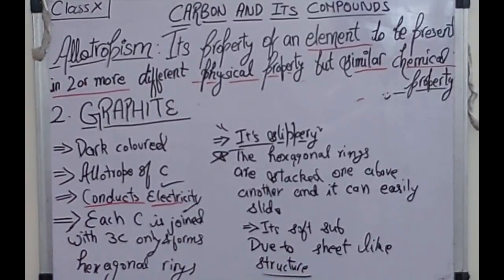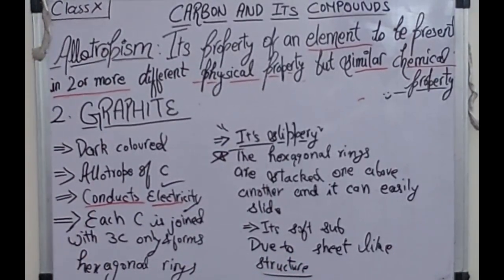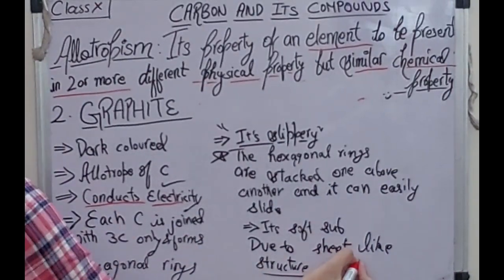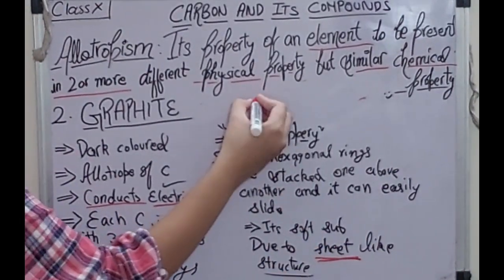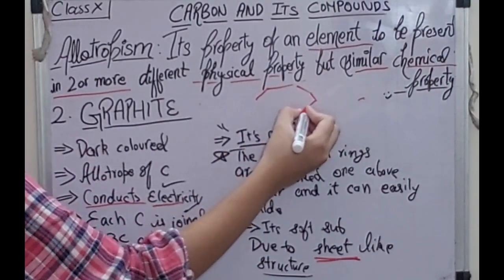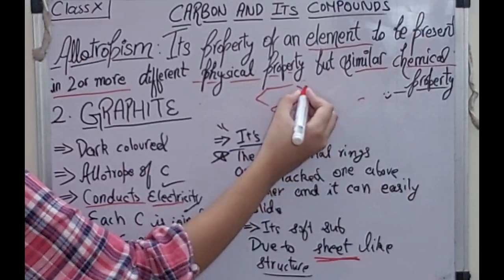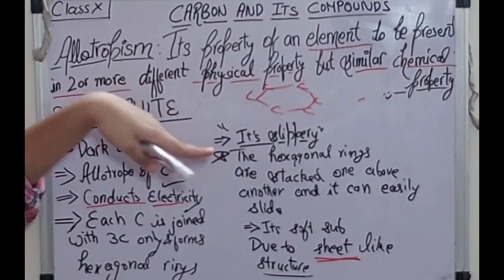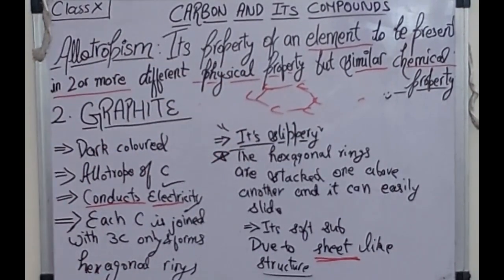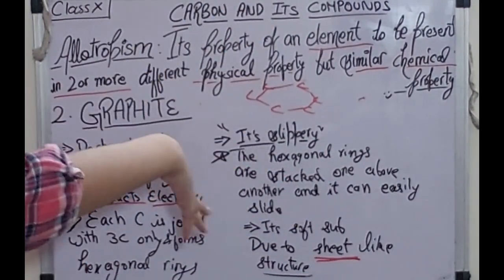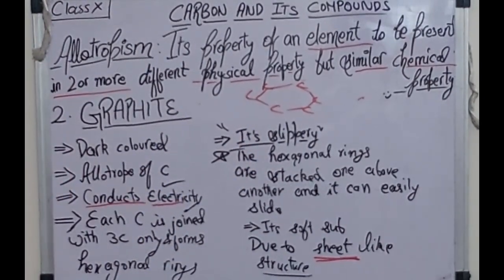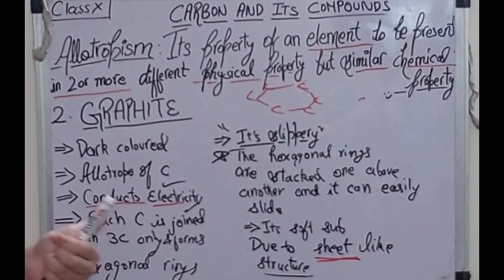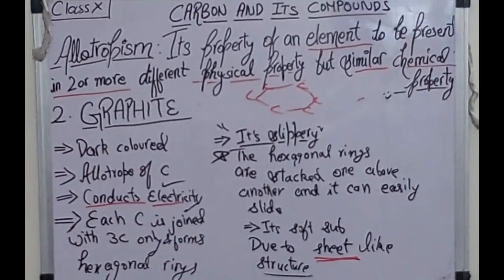Now again, you will say, what do I mean by this sheet-like structure? This sheet-like structure is the same thing as the hexagonal rings we just made, something like this: carbon, carbon, carbon, carbon, carbon. This thin sheet-like structure, even thinner than this, is formed. It is actually a sheet-like structure stacked one above the other. Because of that, it slides, it is slippery, and due to that sheet-like structure only it is a soft substance. This is all about graphite.